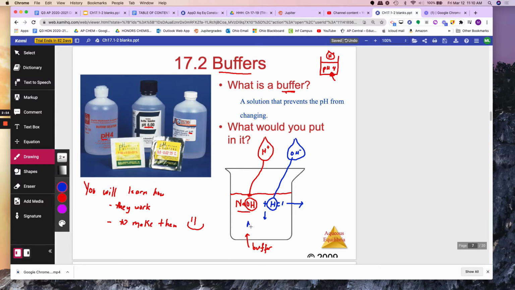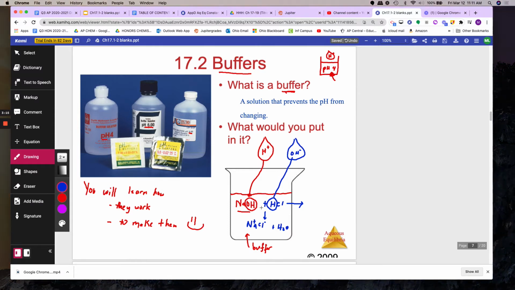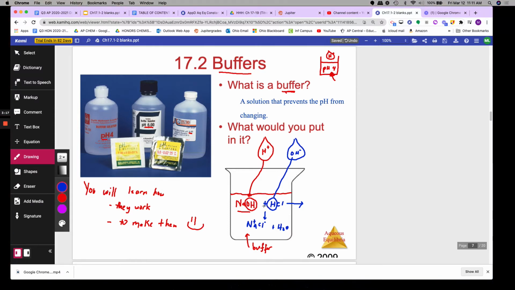You're going to make Na+ and Cl- floating around, and water. You're going to have salty water. Then when you add the H+ and the OH-, it's not going to buffer. Whatever you add in there must react with whatever acid or base you add, but they cannot react with each other.